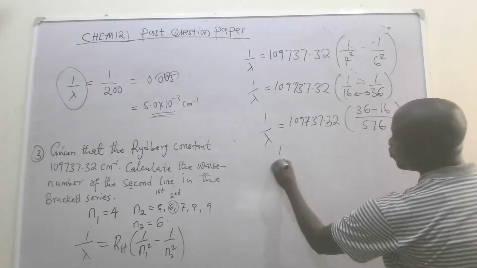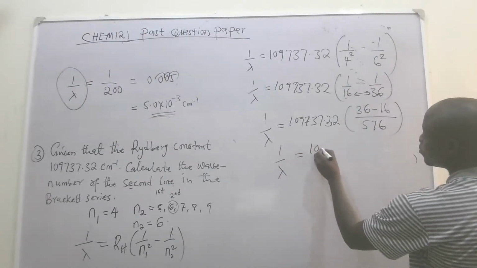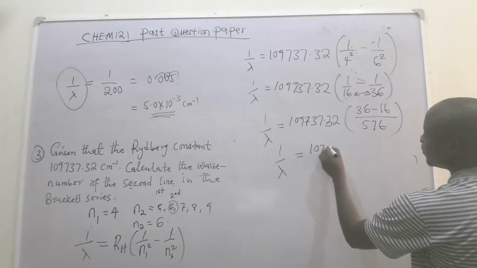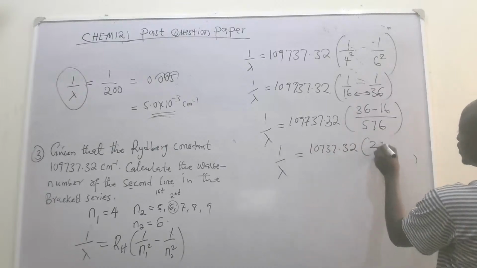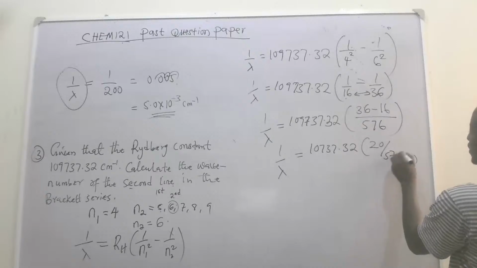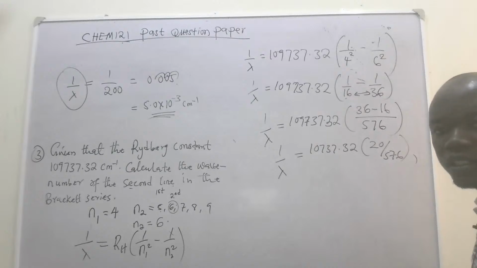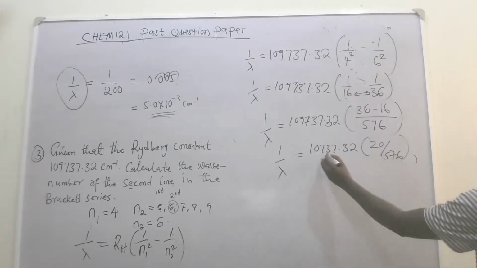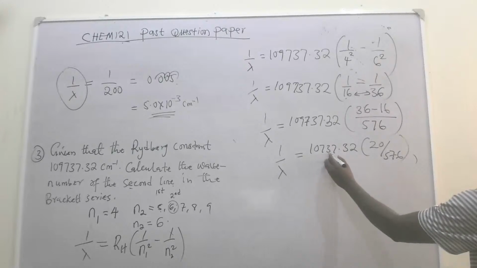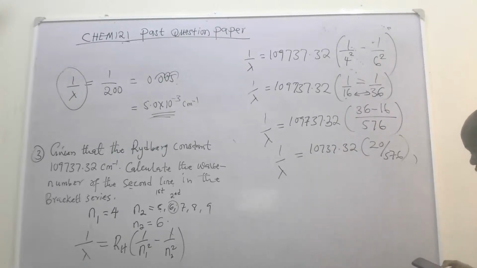So therefore we now have 1 all over lambda is equal to 109,737.32 open bracket 20 divided by 576. Ladies and gentlemen, now what I want you to do, please multiply 109,737.32 times 20 and tell me the answer.